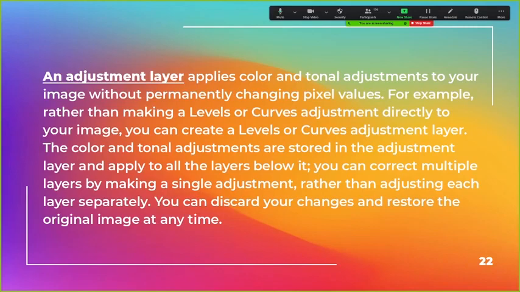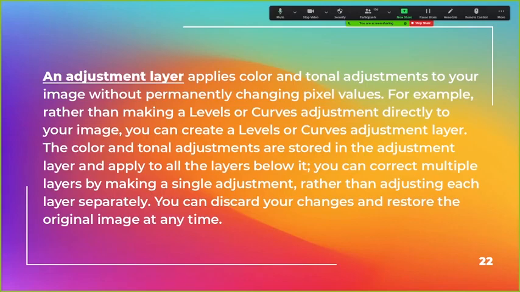An adjustment layer applies color and tonal adjustments to your image without permanently changing pixel values. For example, rather than making a levels or curves adjustment, which is yung adjustment ng brightness or yung shadows ng image mo directly to your image, which you can do sa menu, may adjustment doon, di ba?